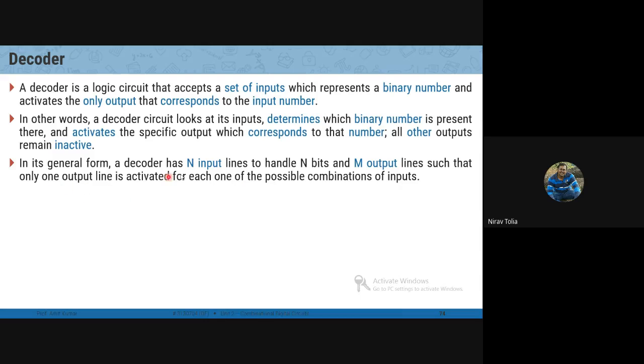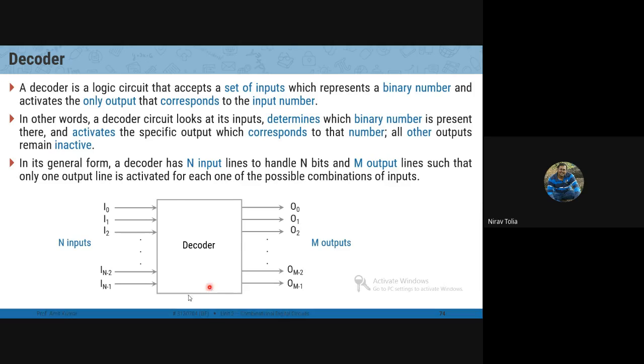At a time, only one output line is activated for each one of the possible combinations of input. So this is the general figure of a decoder, having n inputs and m outputs.